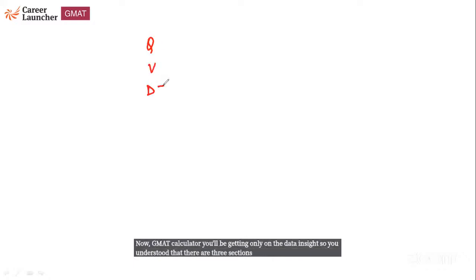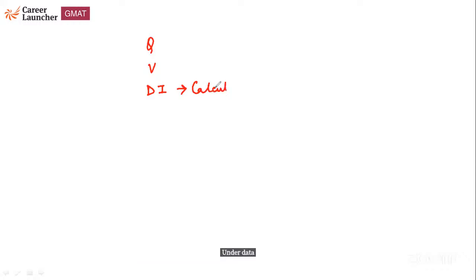Komal says, can you please tell about the GMAT calculator? Yeah. Now, GMAT calculator, you'll be getting only on the data insight. So you understood that there are three sections: quant, verbal, and data insight. Under data insight, you'll have the option to use a calculator.